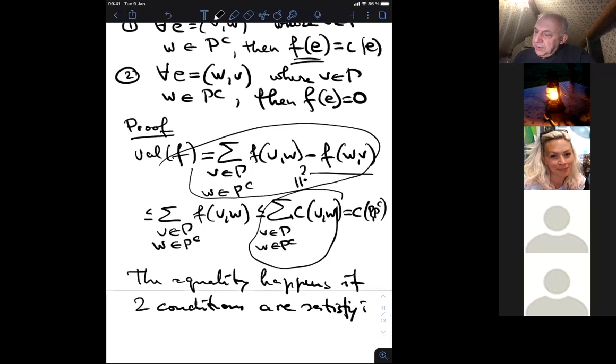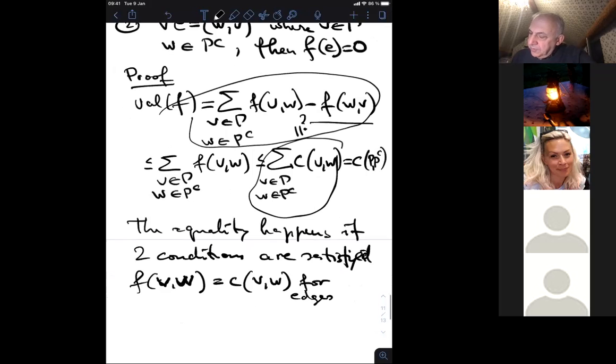F of VW equals C of VW for edges from P to P complement, and we don't allow anything back: edges going back have no flow at all.